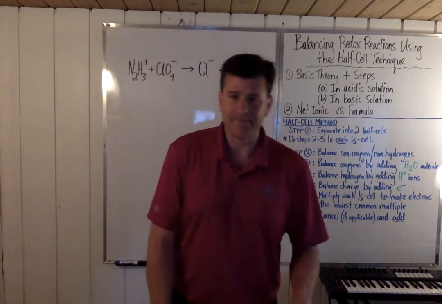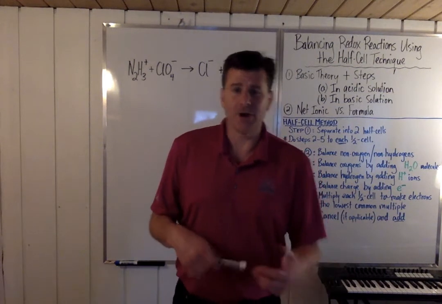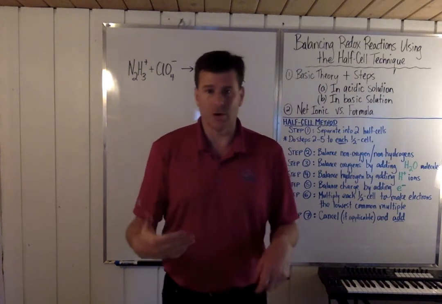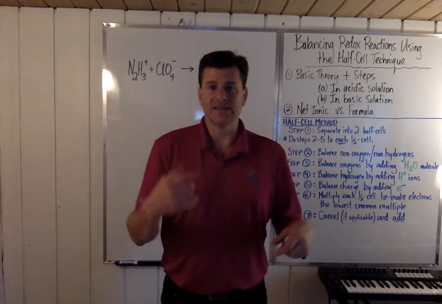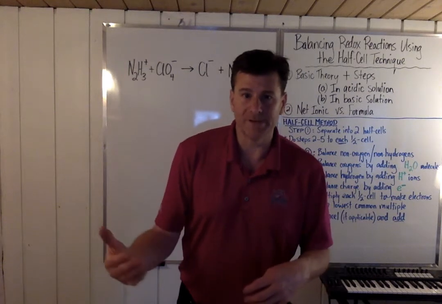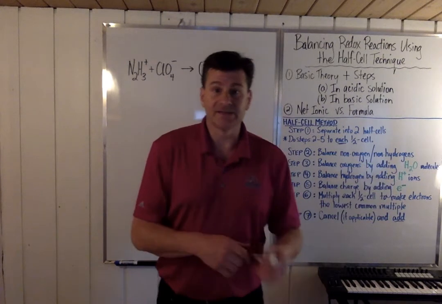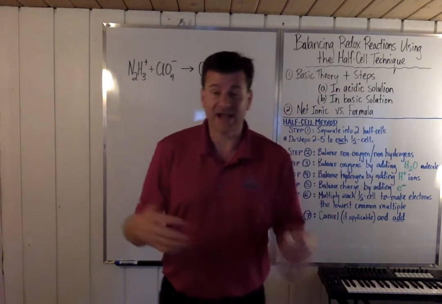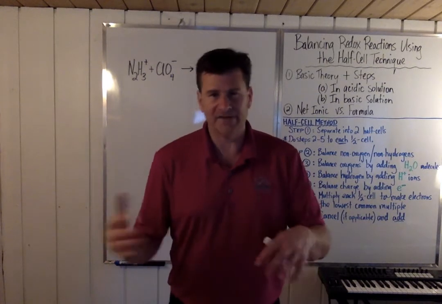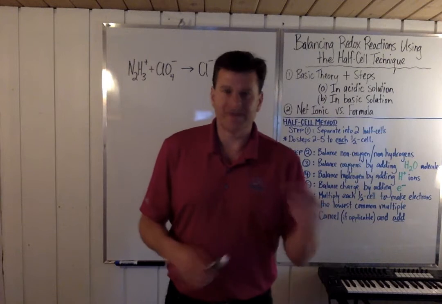Now, you might ask, what are the cons? It sounds pretty good. Well, number one, it takes a little longer because you write down more, and it's a little bit more arduous to get through. The oxidation number method is faster. Once you get the concept of balancing an equation, and you can really see that there are two half cells and the total number of electrons are balanced, the oxidation number method is actually faster.